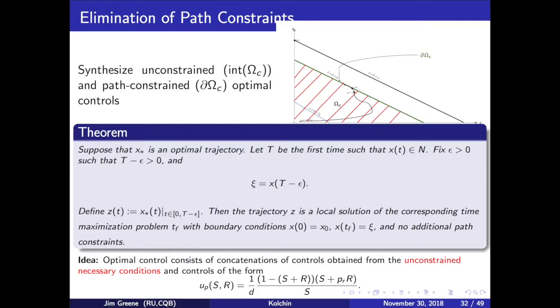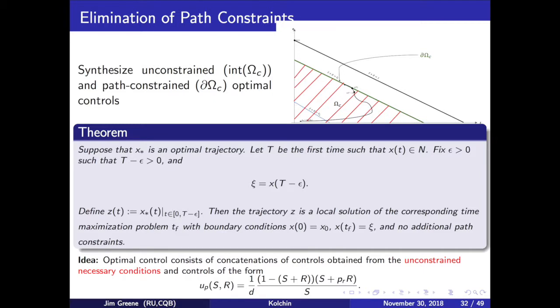You can prove it, it's relatively straightforward. It's essentially the principle of optimality, or Bellman's condition: the controls that maximize this satisfy the unconstrained maximum principle interior to the set, and on the boundary the control is uniquely determined.